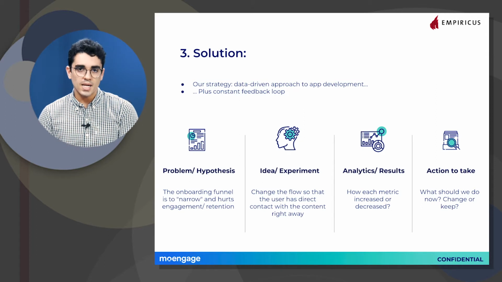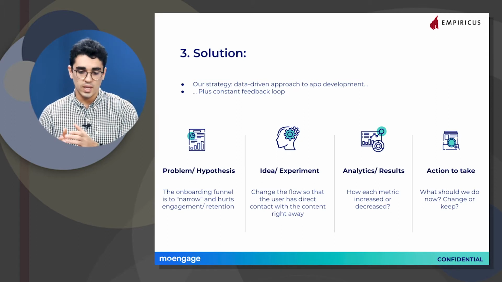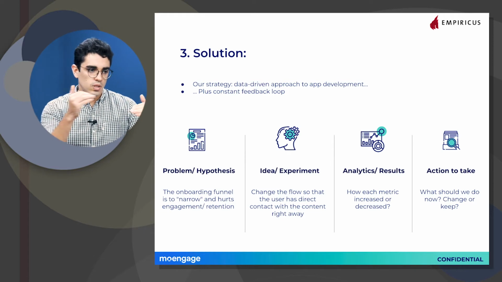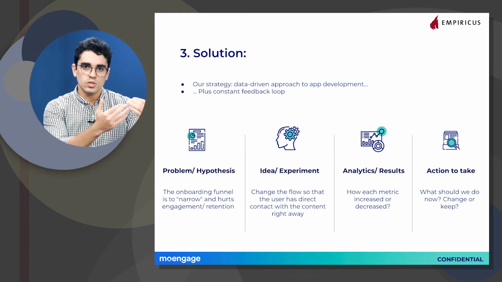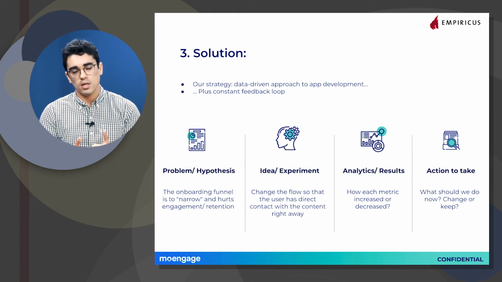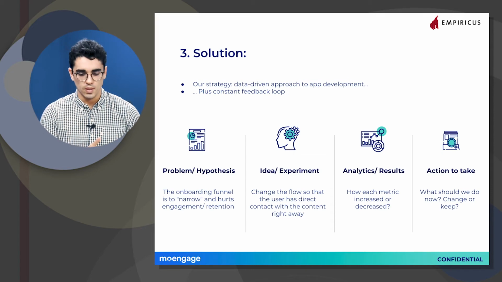It worked very nicely to sell. It was a very narrow funnel to lead the user up to the point where we tried to sell one of our subscriptions. That worked really well. But we thought that this wasn't working so well in terms of engagement.